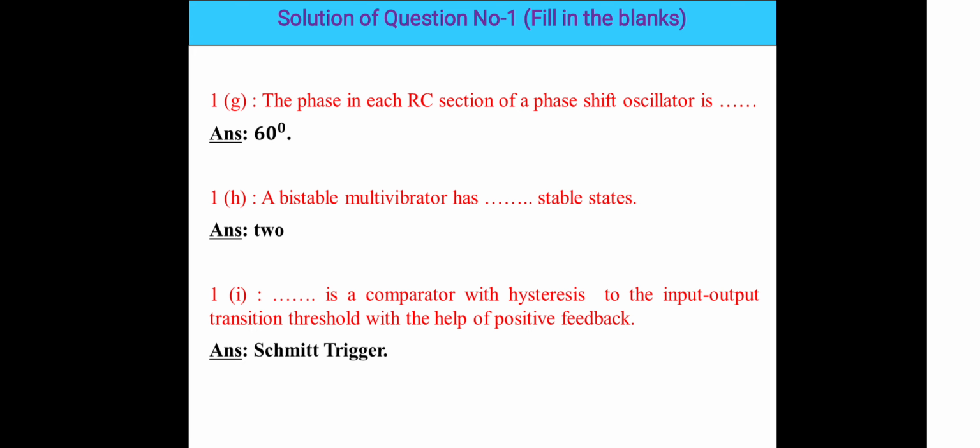Bistable means 2, so a bistable multivibrator has 2 stable states. Dash is a comparator with hysteresis, with input-output transition thresholds, using positive feedback. So the Schmitt trigger is a comparator with hysteresis for input-output transition thresholds with the help of positive feedback.